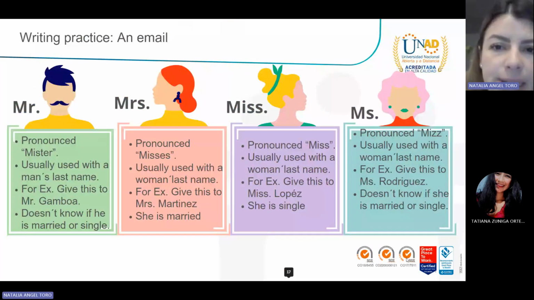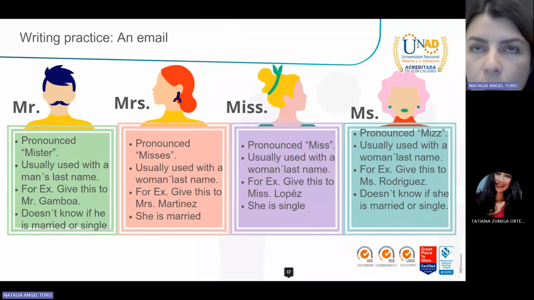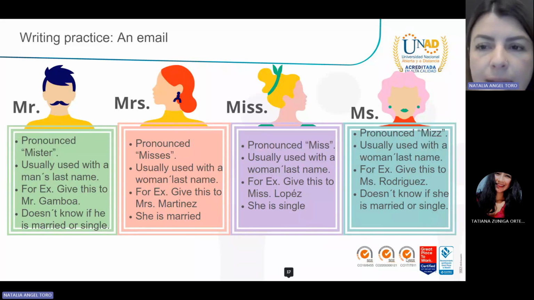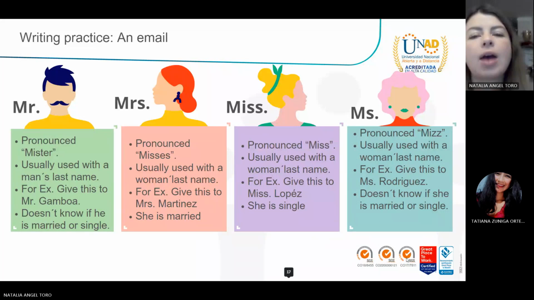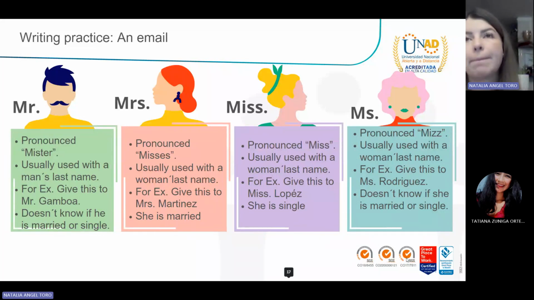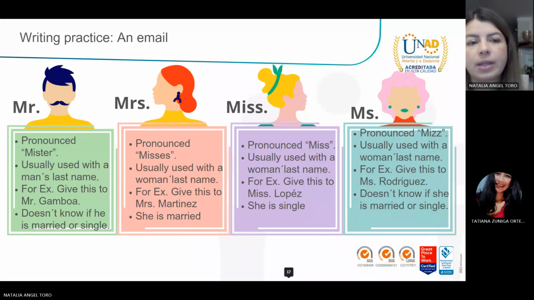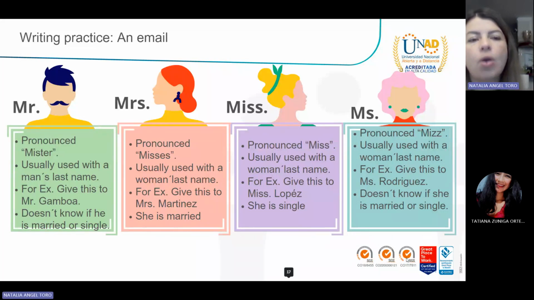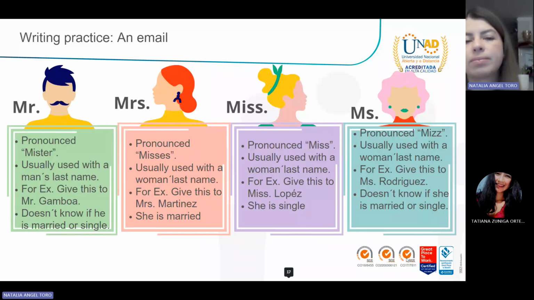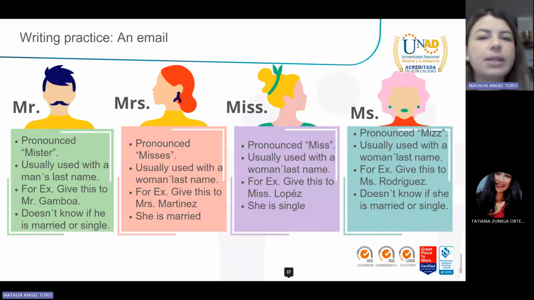So here are some keys to remember how we can use them. When we are referring to a specific man, we can use Mr. So Mr. Fonseca.